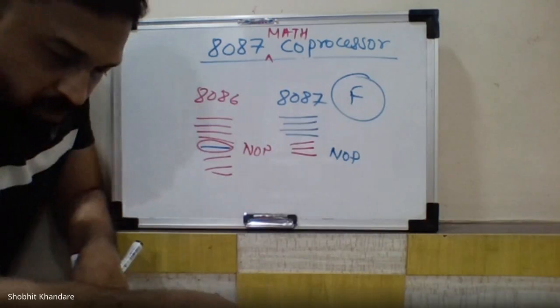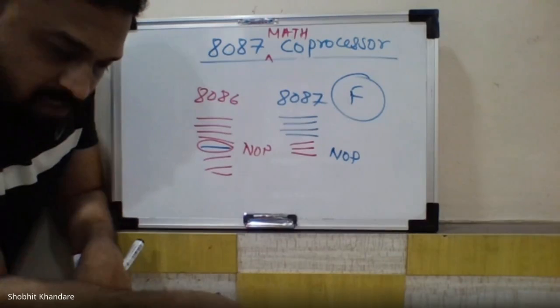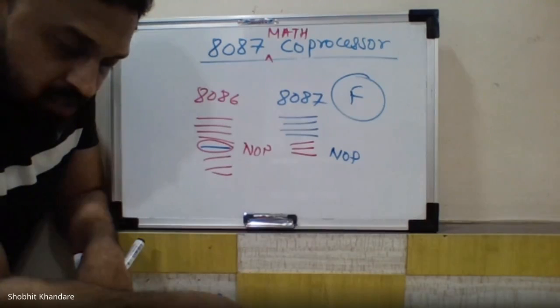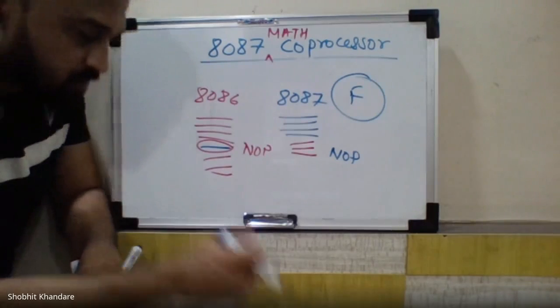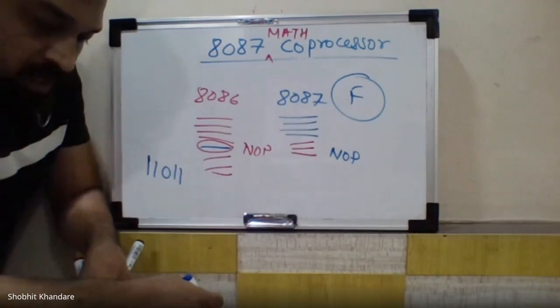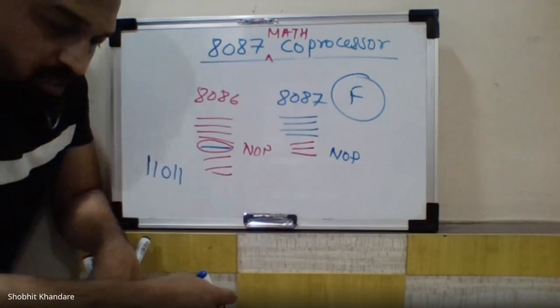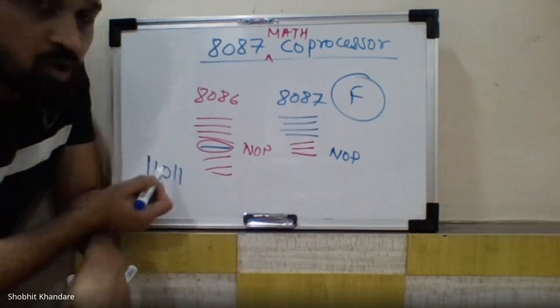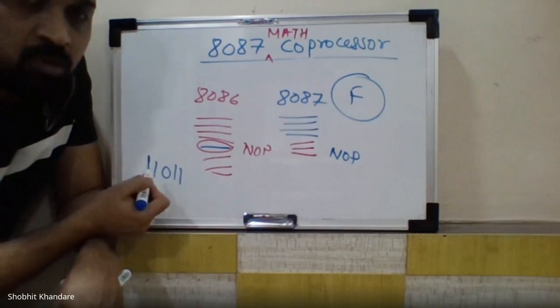One important thing: the most significant bits of all the 8087 instructions will be 11011. I'm talking about the opcodes or the mnemonics.